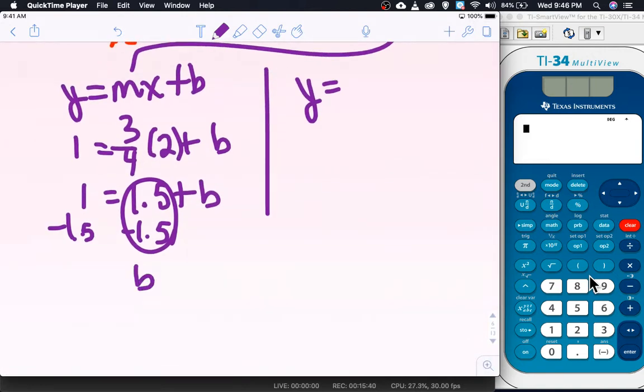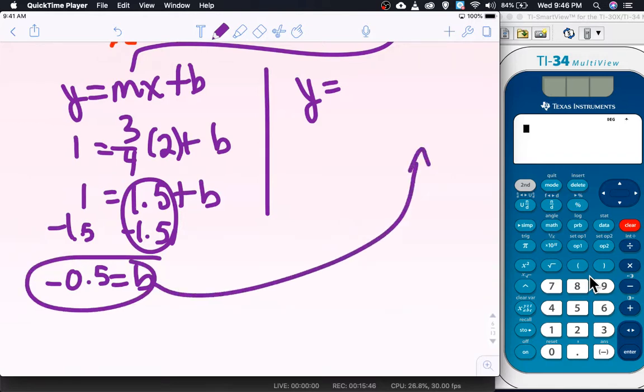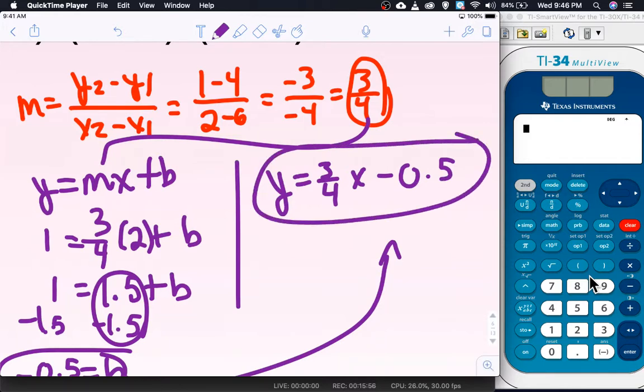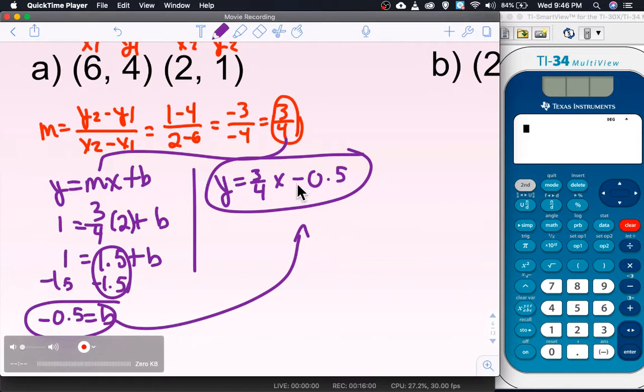And I get b equals negative 0.5. That is my y-intercept. And so when I plug in my slope for slope and my intercept for intercept, I get the equation of the line. This is the equation of the line that would go through these 2 points.